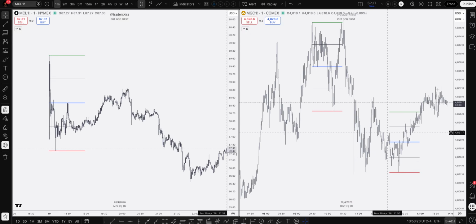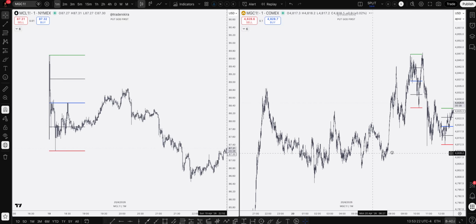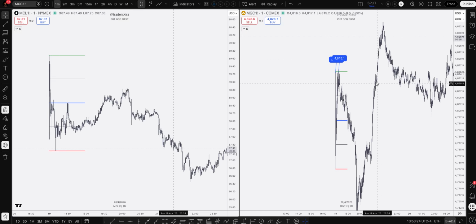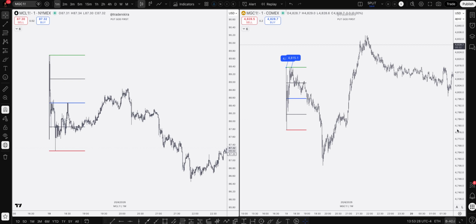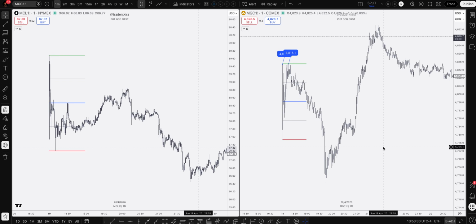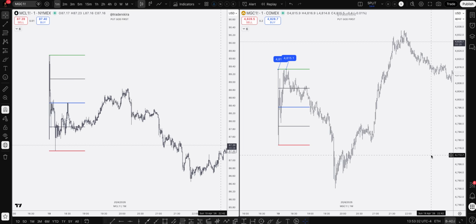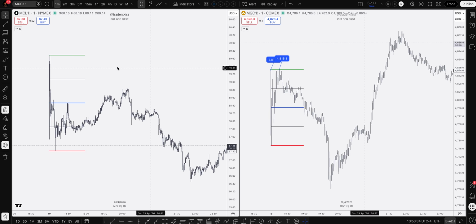And I'll do the same with GC. Okay, so just to show you what I mean by that correlation, how it's inversed, and the thought process I had. So here's the IB range that we can see right here.